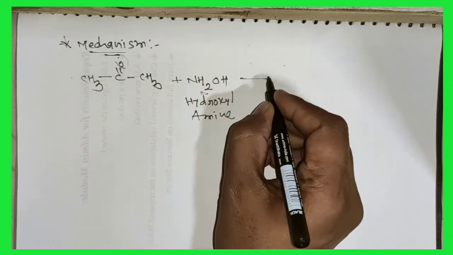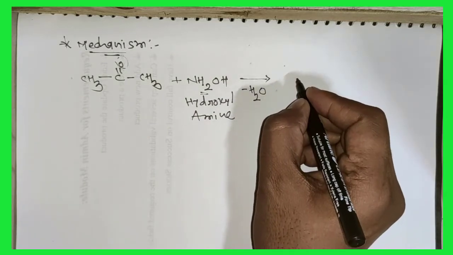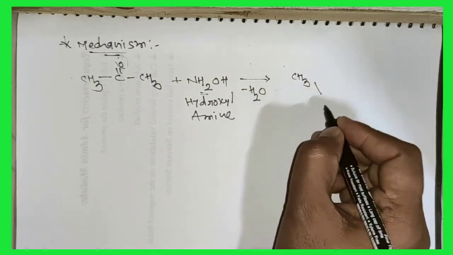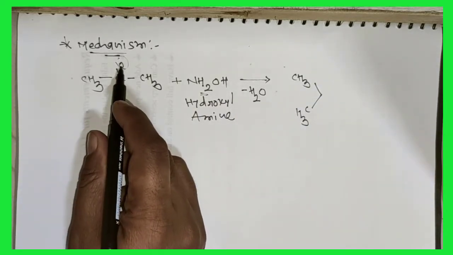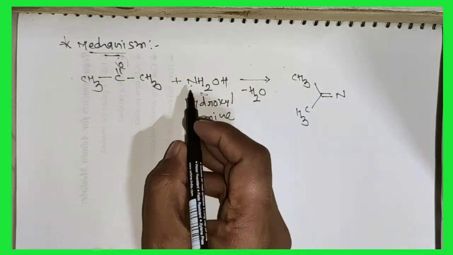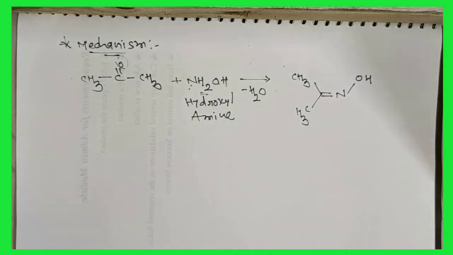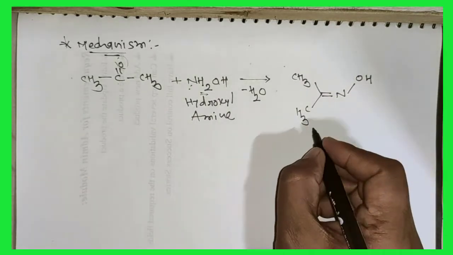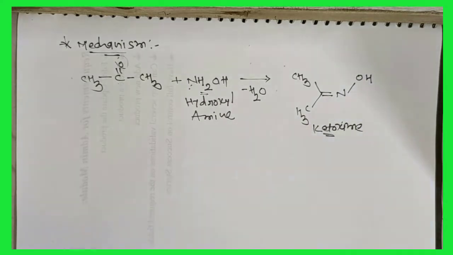So first of all, removal of a water molecule, and it is converted to CH3 as it is. Now this carbonyl carbon is attached with this nitrogen, right? So it is a doubly bonded nitrogen, and this nitrogen is attached with the OH group. So this is the ketoxime. It is formed from a ketone, that's why it is known as ketoxime. If it were formed from an aldehyde, then it would be known as aldoxime.